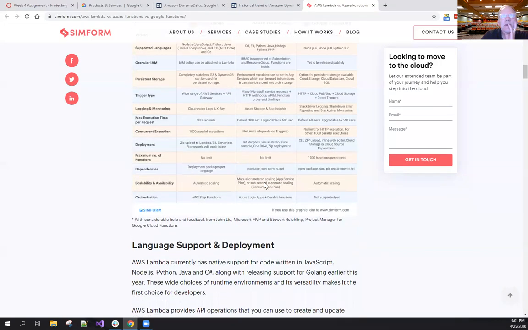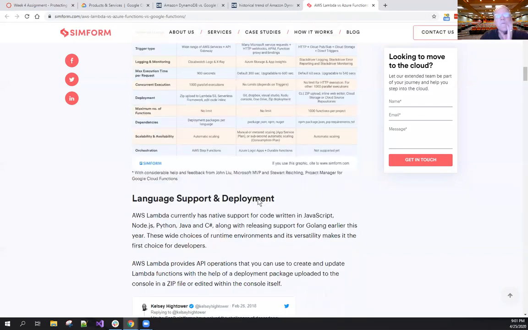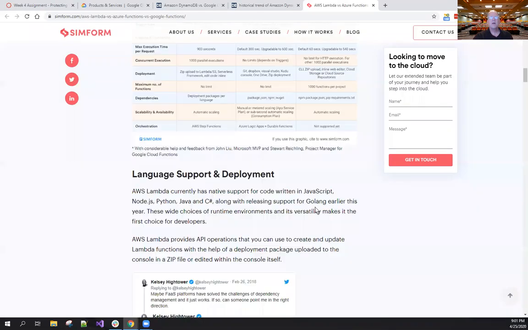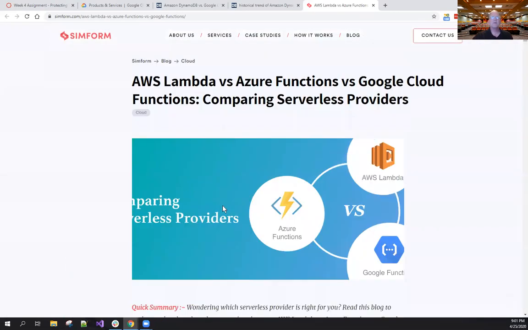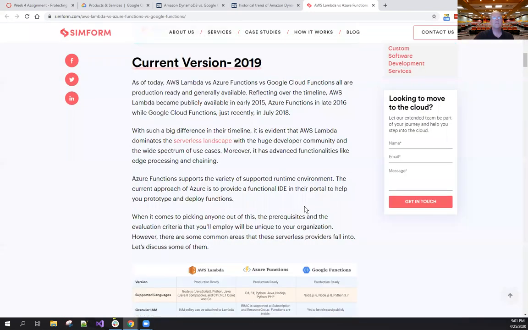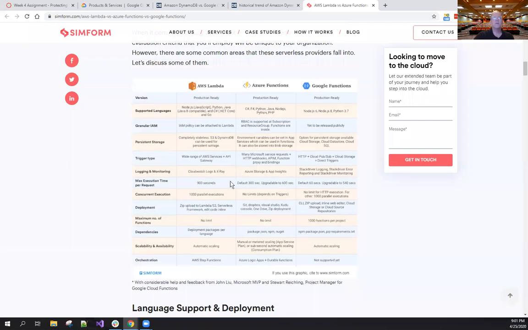Let's see, scalability, orchestration. Okay. Well, so Google's got it. Azure Google Functions. You can see a little correlation comparison between all those.